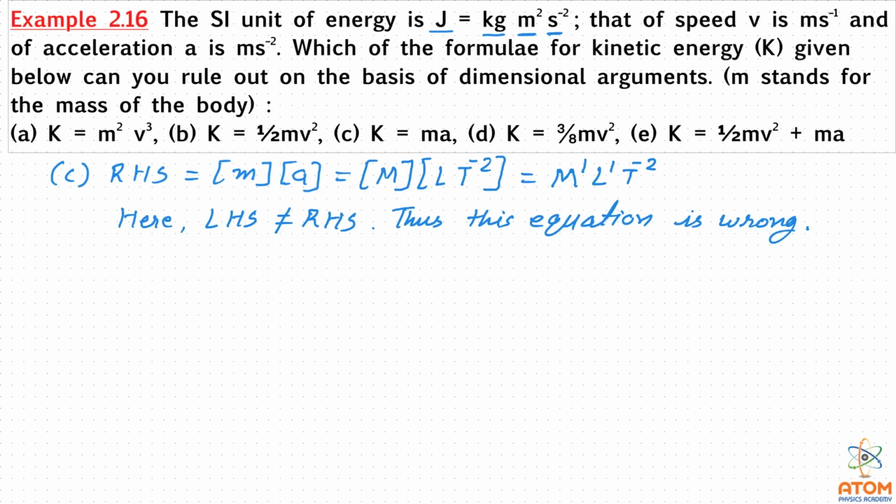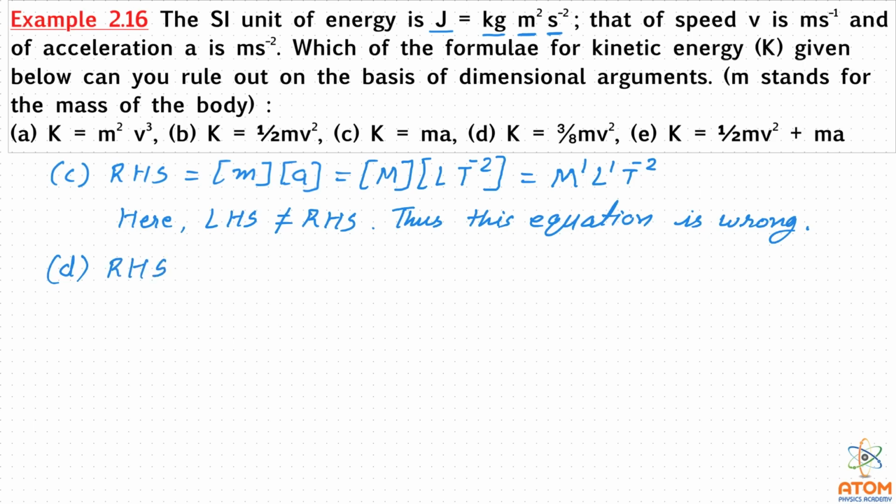Now for the fourth equation, that is D, the right hand side is given as 3 by 8 mv square. Now this 3 by 8 is a number again, and that is not considered in any dimension formula, whether it is 3 by 8 or 3 by 16 or whatever. It is a number, so will not be considered.